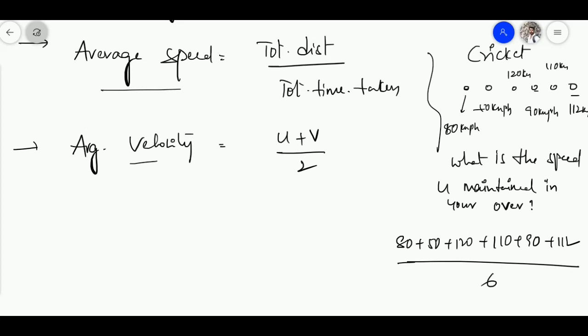So you divide it by 6. That will give some value somewhere around 100 point something. Just calculate yourself. So this is the average speed the bowler maintained in that over. This is how average speed values are calculated in cricket.